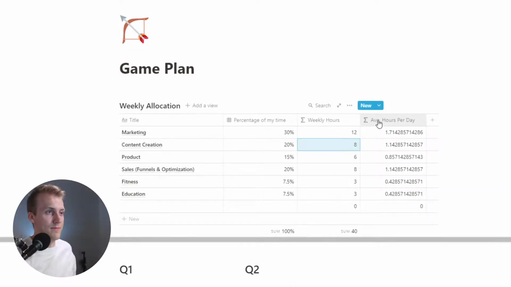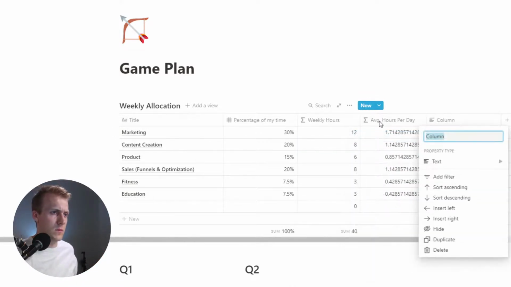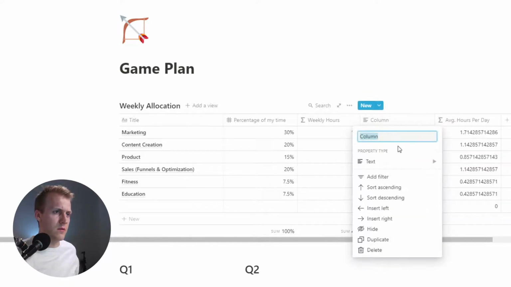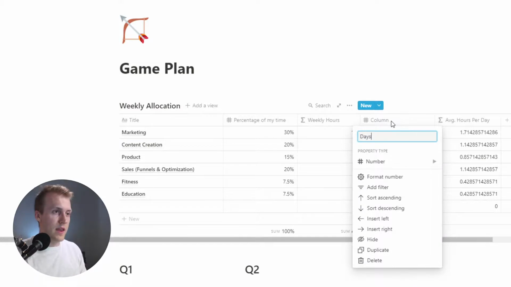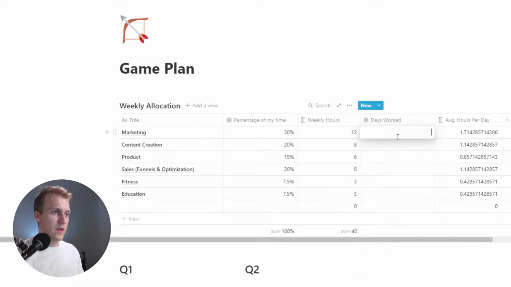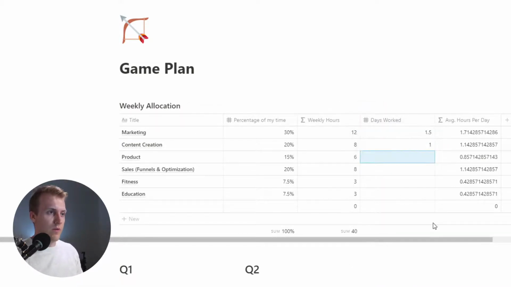Just doing mental math right now, days worked. So you can say that's like 1.5 days, that's 1 day, that's half a day, that's 1 day, that is a quarter of a day.